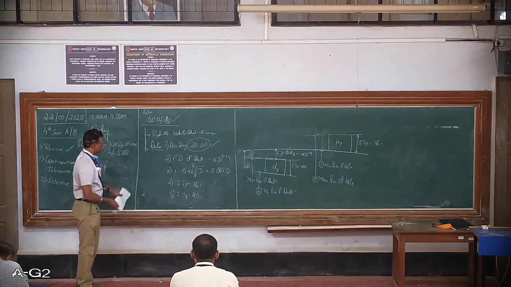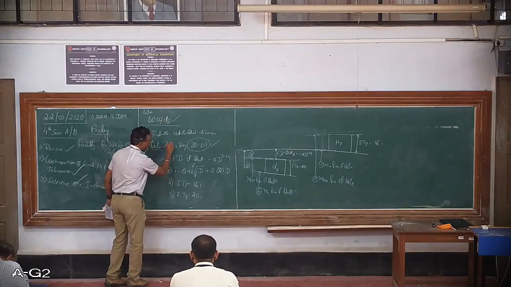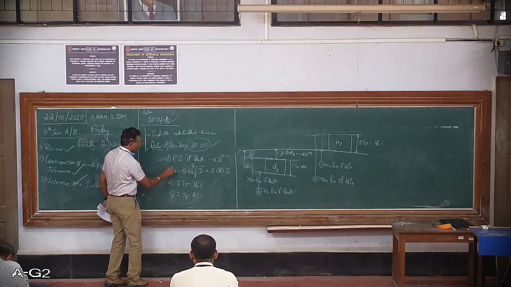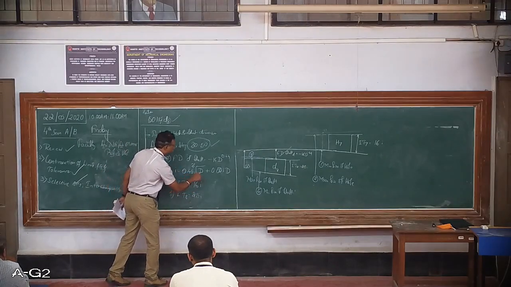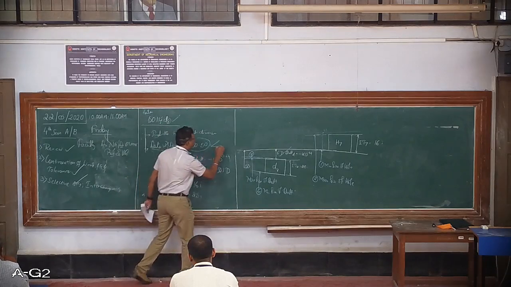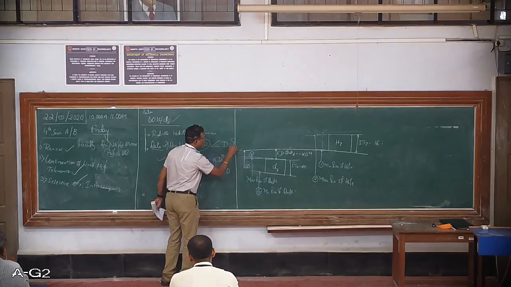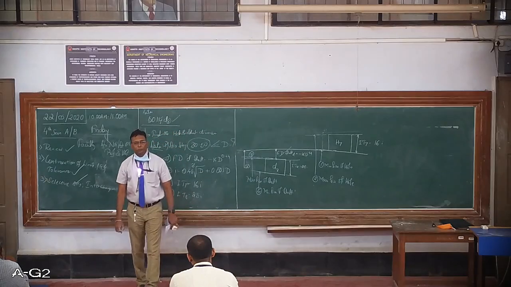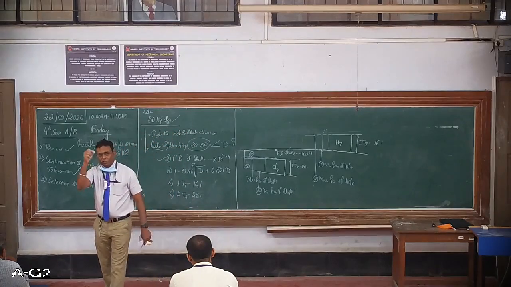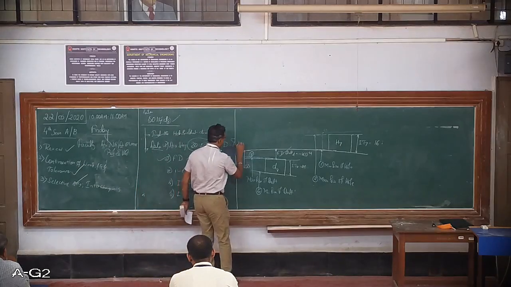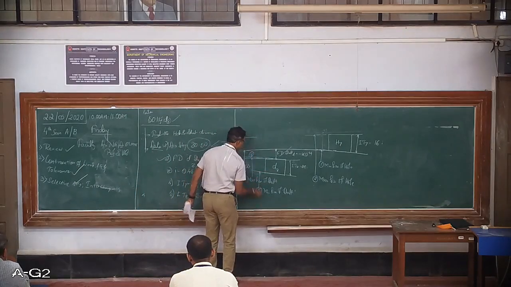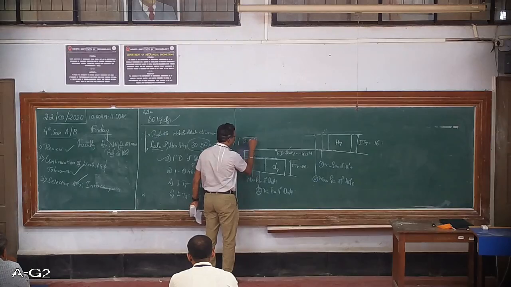Fundamental deviation is 0. Next, now I come to this very important part. I is 0.45 cube root of D plus 0.001 D. How to find out this D? D is found out by finding the diametral step root of D1 into D2.